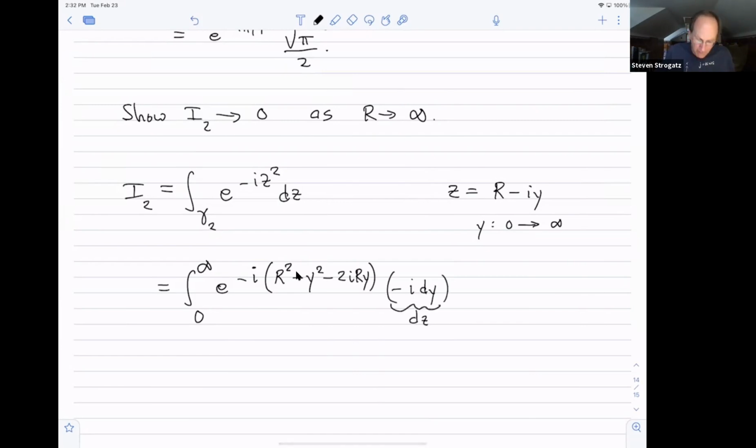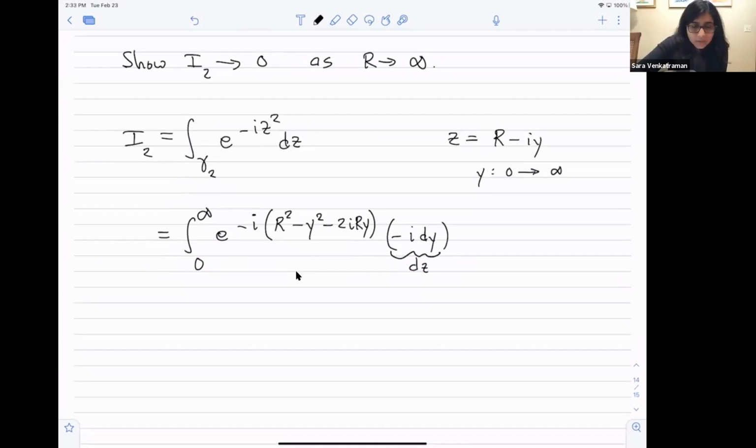That's my dz. And so do you get a plus y squared? Oh, no, I'm sorry. It's because you're squaring the whole quantity iy squared. Right. So that's why it's a negative.